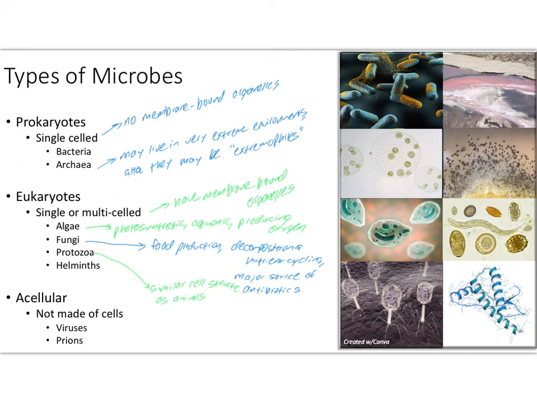And then our last group of eukaryotic microbes are the helminths. These are infectious worms. They're always multicelled, and technically they are animals. And they cause all kinds of problems for humanity.